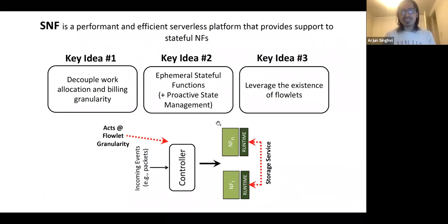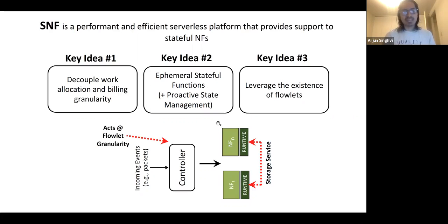With SNF, we design a performant and efficient serverless platform. It needs to be performant because that is what end users care about, and efficient from a serverless provider's point of view with respect to the resources used to service the incoming workload. SNF is based on three key ideas.